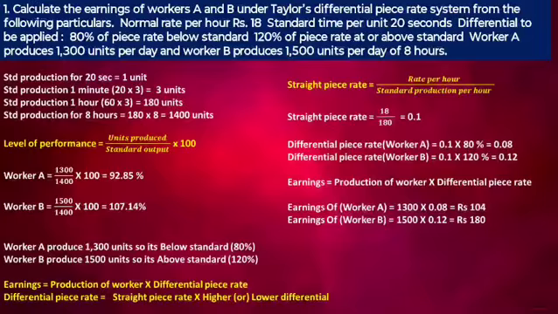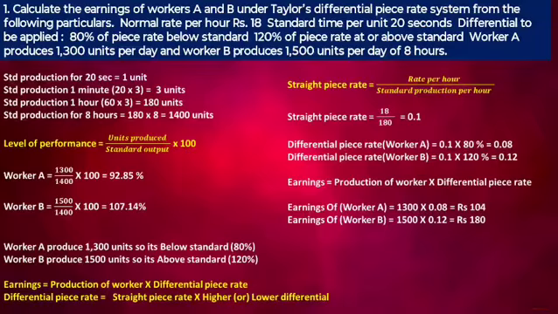Worker B, 1500 units he has produced, divided by 1400 into 100, which comes to 107.14%. Worker A produces 1300 units, so it is below standard, meaning it is 80%. Next, worker B produces 1500 units, so it is above standard. Here you have 120%.